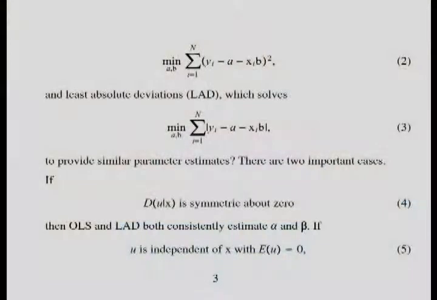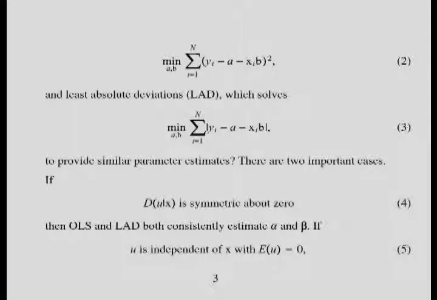It's important to understand when we should expect these to produce similar estimates and when we should fully expect them not to and not be worried about that. So, of course, least squares solves minimizing the sum of squared residuals in 2, and least absolute deviations minimizes the sum of least absolute errors in 3.